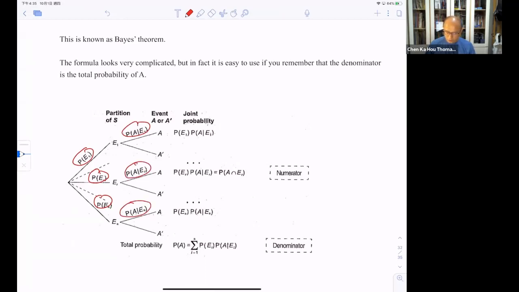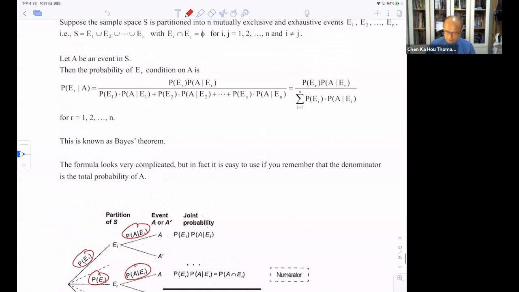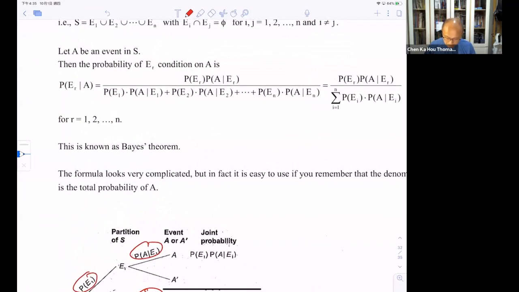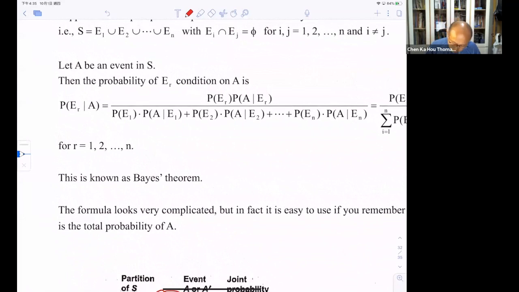To calculate the event, pay attention: we want to find the probability of a certain event given A first. What is the relationship when these two letters are reversed?